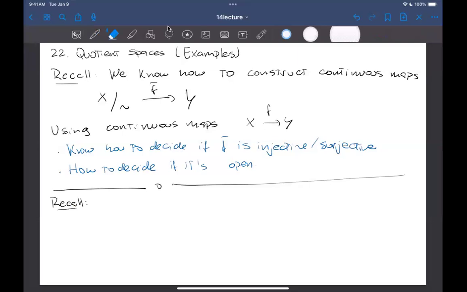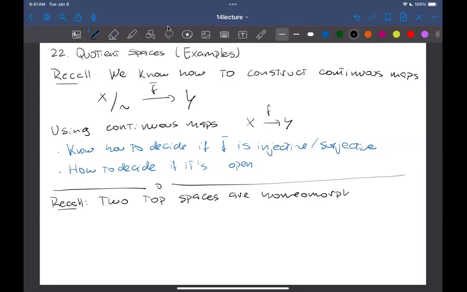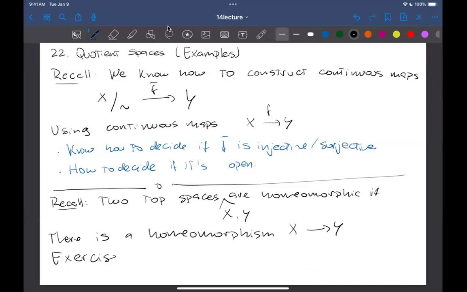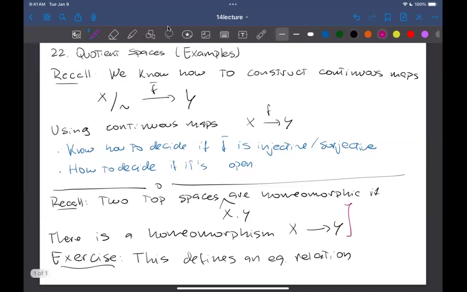If you have two topological spaces, let's call them X and Y, we say they are homeomorphic if there is a homeomorphism between them from X to Y. In such case, we denote it, instead of X equals Y, we say they are homeomorphic.